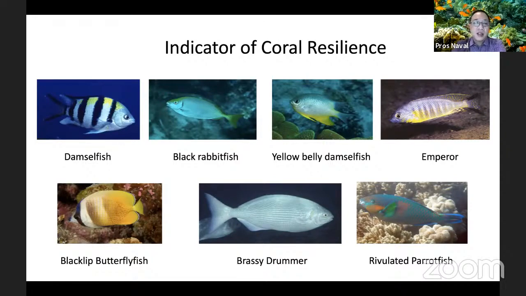So these are the so-called indicator species. They are called so because they actually indicate coral resilience. So when you see all these nice fishes in a marine ecosystem, that means that the coral, the ecosystem is doing well.